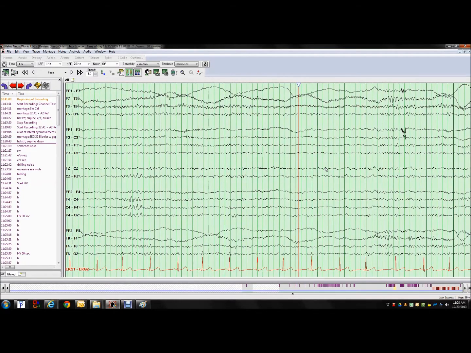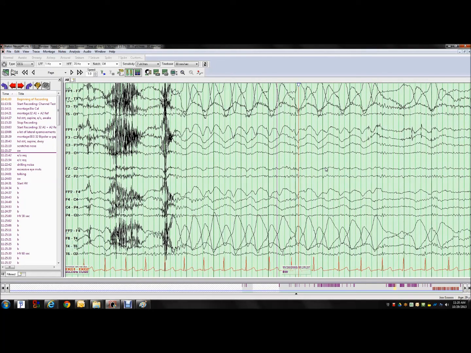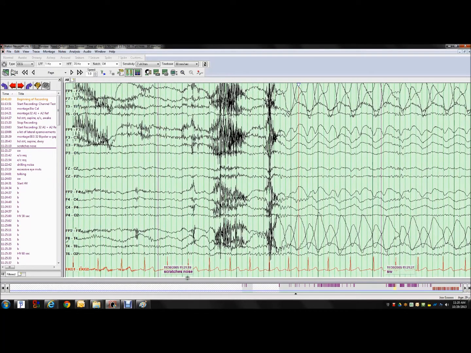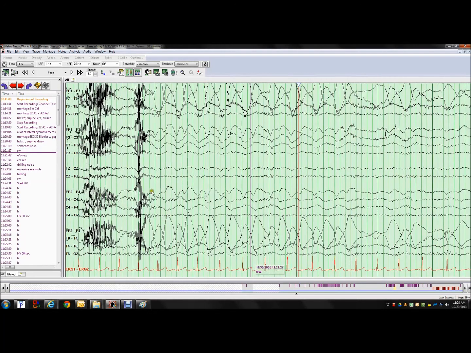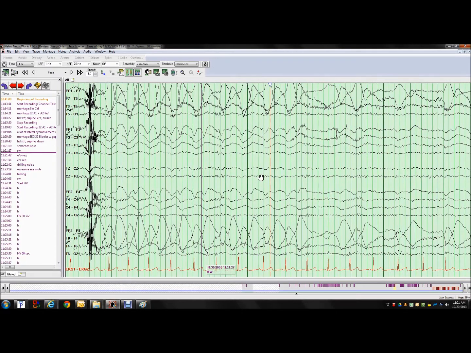Okay, what I want to do is get to, okay, so let's see, patient scratches their nose, and we get a lot of this high amplitude delta activity, which is eye movement, and it happens to be lateral eye movement, left, right, or it could be just moving in one direction as well.